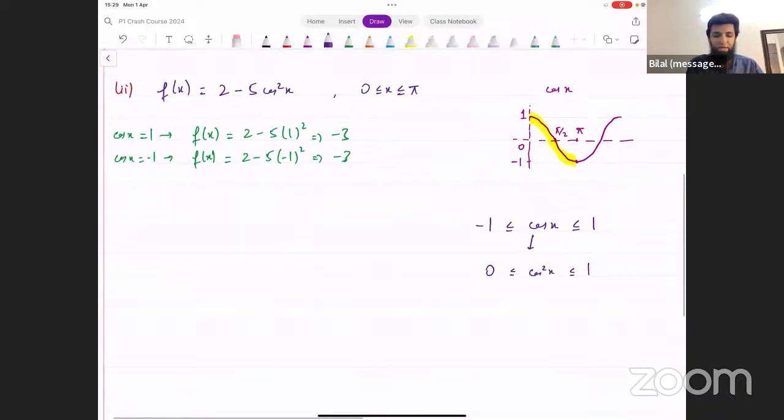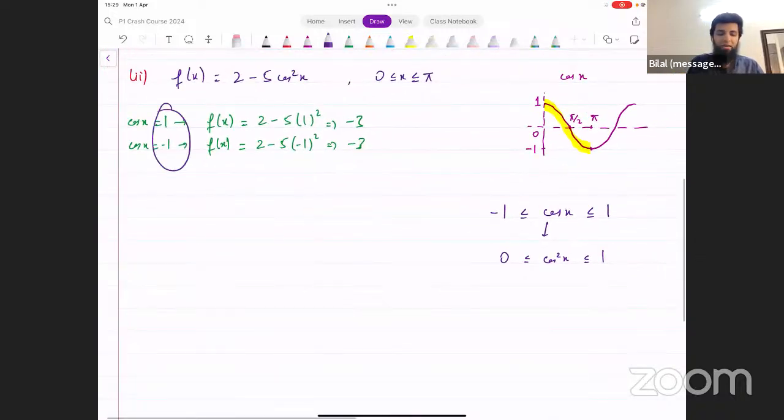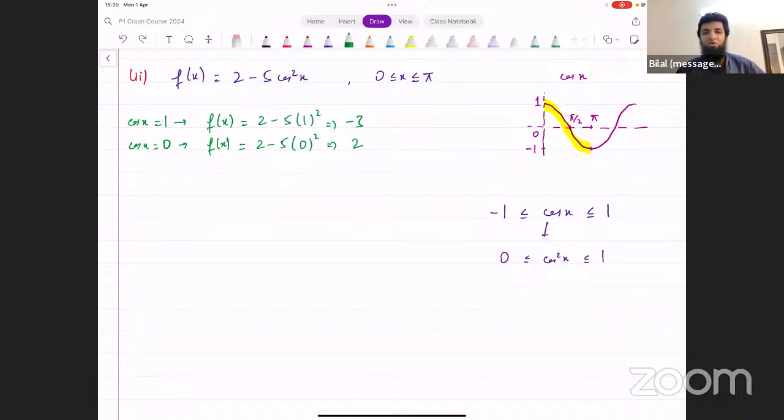So instead of putting 1 and minus 1 here, what you should do is see what happens when cos of x equals 0, or cos square of x equals 0. It's the same thing. What does that give you? That gives you 2 as the result. So in cos square or sine square, the extreme values you use are going to be 0 and 1 instead of minus 1 and 1.